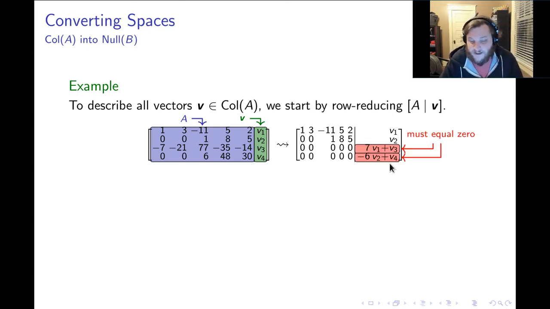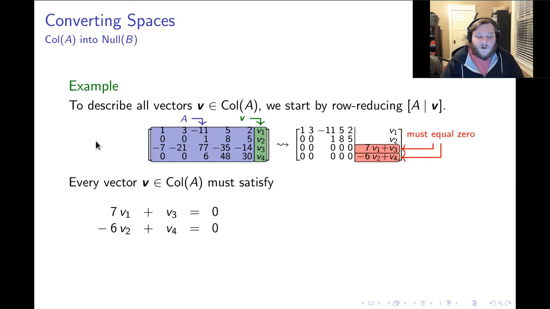So in order to make sure that we don't have a pivot, we need 7v1 plus v3 to equal 0, and we need negative 6v2 plus v4 to equal 0. So what we're saying is that every vector v in the column space of A for this example must satisfy the two equations 7v1 plus v3 equals 0 and negative 6v2 plus v4 equals 0.